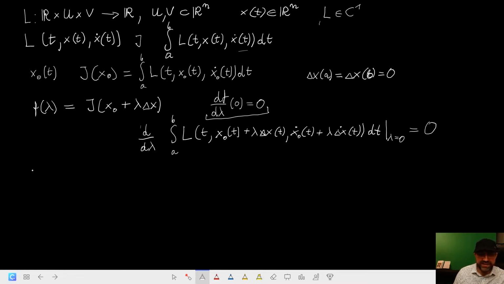So as we said, we can go. I will be just calculating this, knowing that this is 0, and then most likely Euler Lagrange equations will pop up out of it somehow. So first of all, let's go with the derivative under the integral.